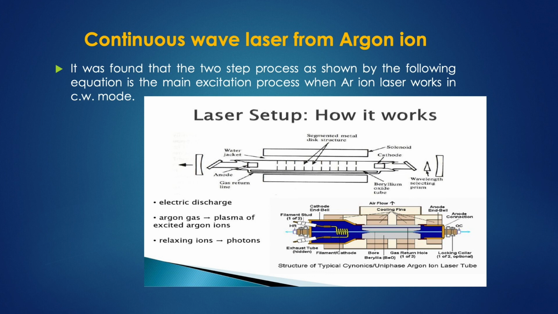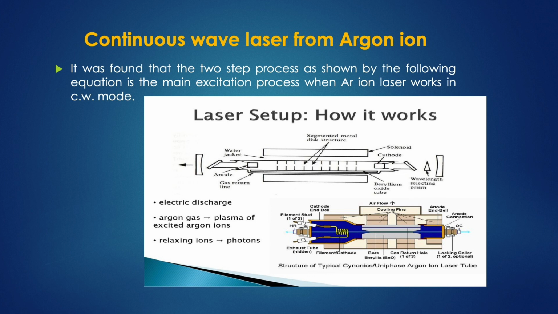Now, for the first time in our discussion, we are seeing a gas laser, argon gas. This can undergo population inversion only by intense electrical discharge, and that is what is being done there.